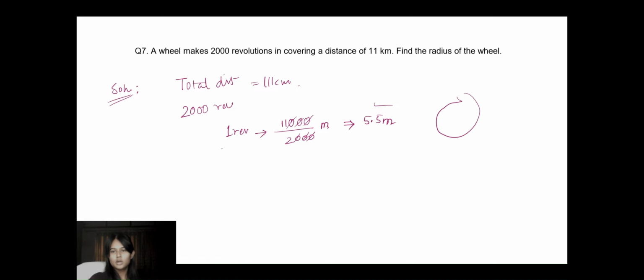Can I say that this one revolution is the circumference of the wheel? So if the circumference is 5.5 meter, we know the formula of circumference as 2 pi r. So 2 pi r is 5.5. Finding the radius, radius equals 5.5 divided by 2 pi.